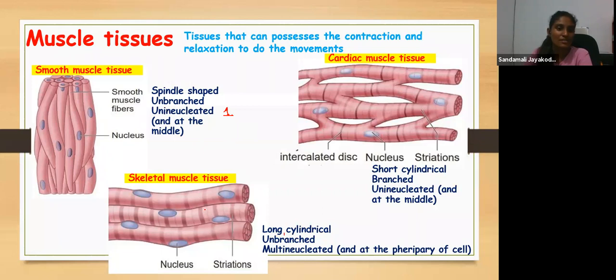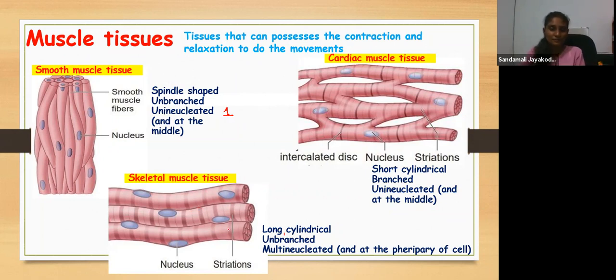They are unbranched in the same way as smooth muscle tissue, but they are longer than smooth muscle tissues. They have many nuclei. That is the difference from smooth muscle tissue. Another special feature of these nuclei is they are at the periphery of the cell, around the cell, not at the middle of the cell as in smooth muscle tissue or cardiac muscle tissue. They are at the periphery of the skeletal muscle fiber, skeletal muscle cell.